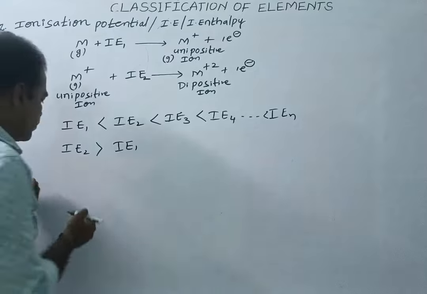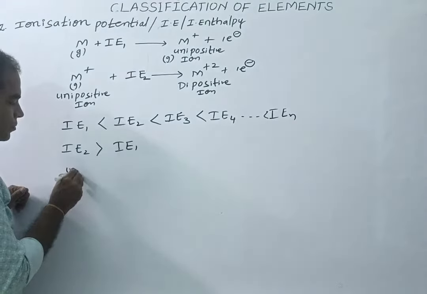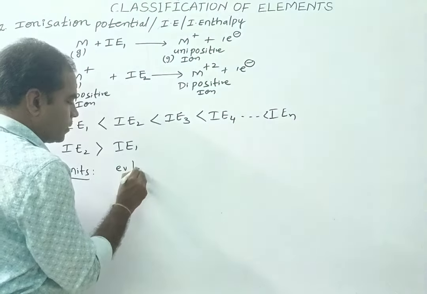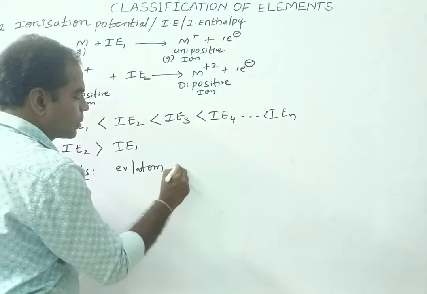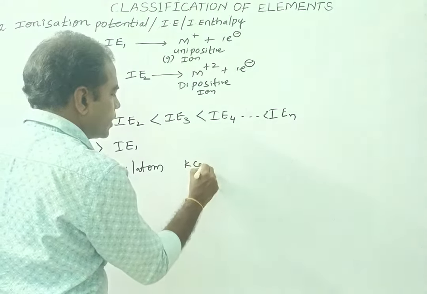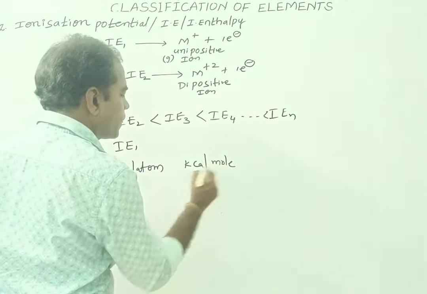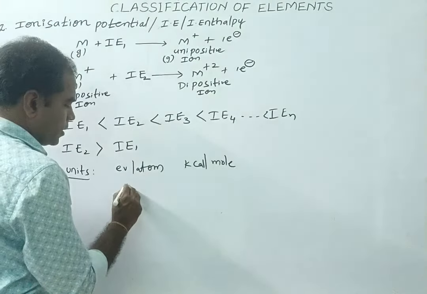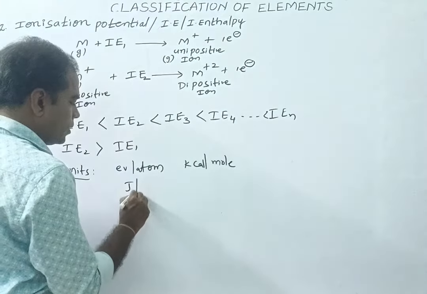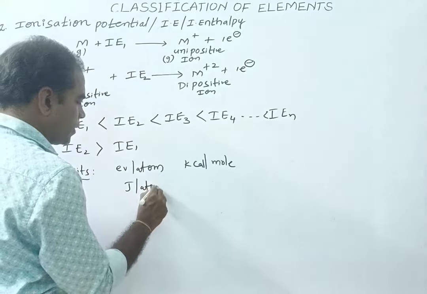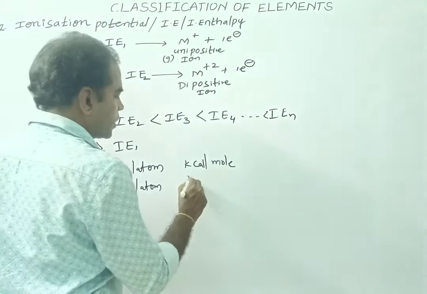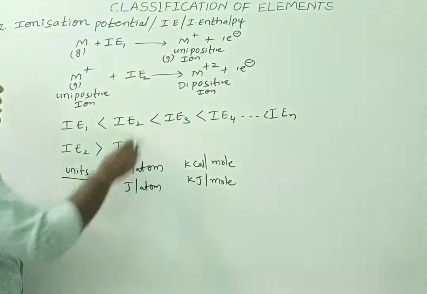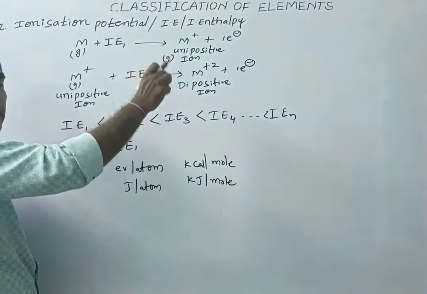Right? Now units: electron volt per atom, kilocalorie per mole, joule per atom or kilojoule per mole. Here ionization potential means energy.